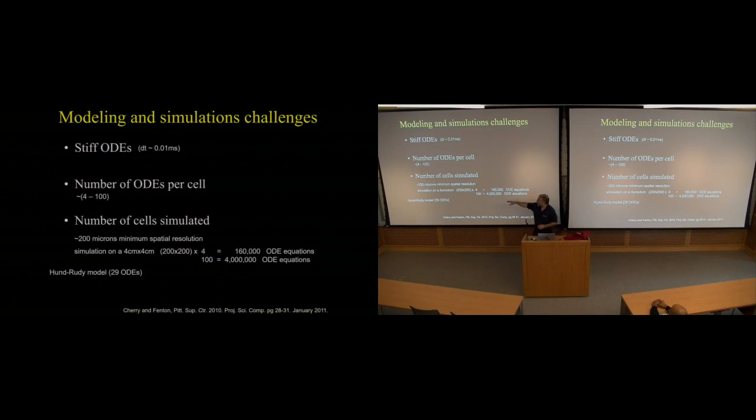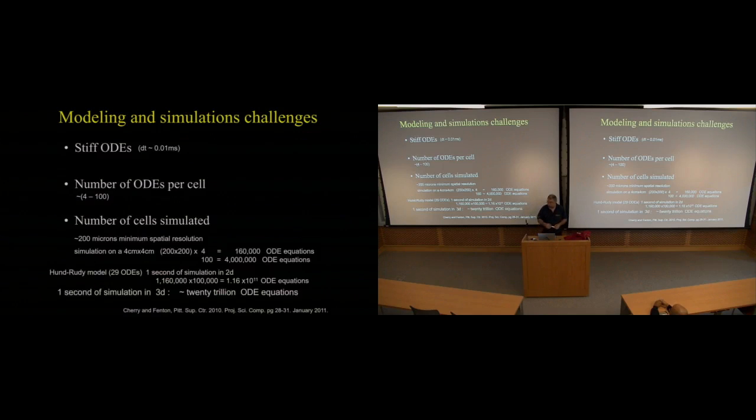If you use another model, for example what is called the 100D model that contains 29 ODEs, that means you require about 10 to the 11 ODEs to solve in 2D. And if you want to do a simulation in 3D, you require 20 trillion ODEs every time step, which is 0.01 milliseconds.